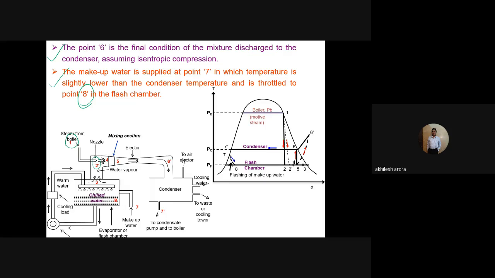Here the enthalpy is H1 and the velocity is V1, or C1, whichever is written, and here the enthalpy is H2 and velocity V2 or C2, whichever I have used ahead.